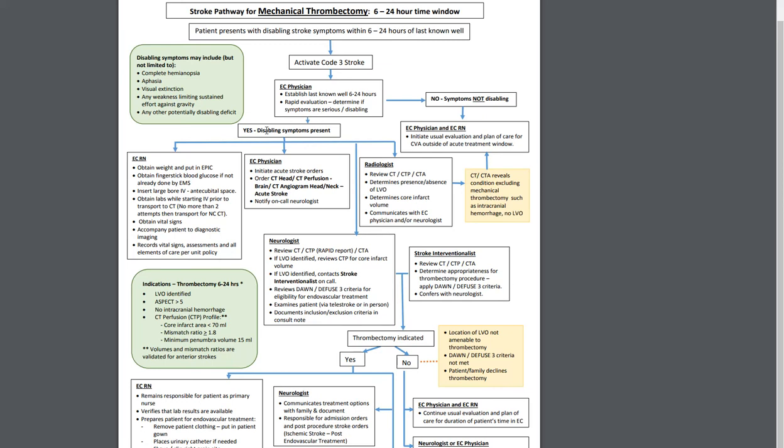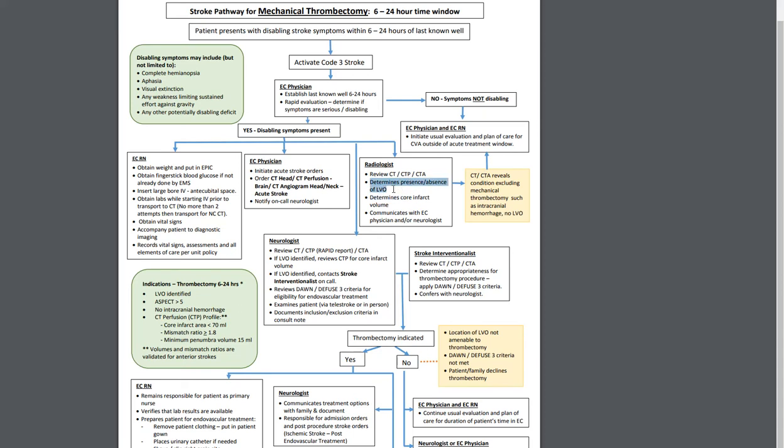So if there is a disabling symptom present, then different people have different roles. Our role as radiologists is to review the CT, CT perfusion, and CT angiogram. I'll emphasize how to read them best, and mainly to determine the presence or absence of large vessel occlusion.